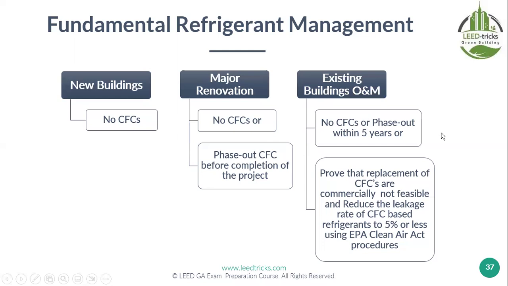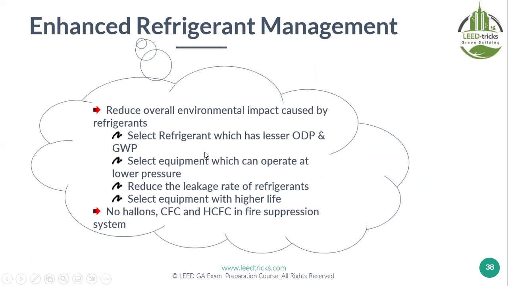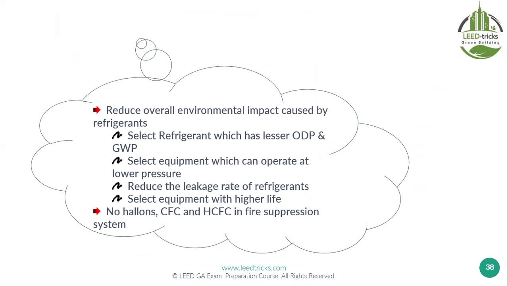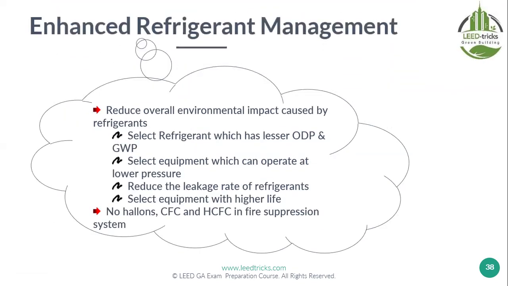Here are the LEED requirements, guys, for refrigerant management. The fundamental is always a prerequisite, so it's a must. The previous slide is a must, and this summarizes all the LEED requirements. Very simple, huh? For enhanced, it's just additional: reduce the overall impact caused by refrigerants.